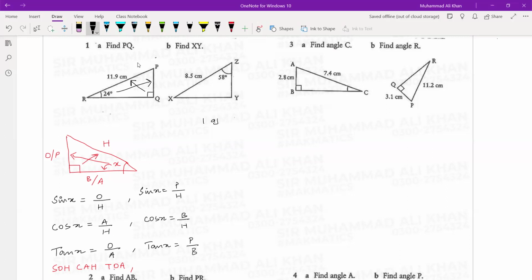So now it will be sine 24 equals to opposite is PQ and the hypotenuse is 11.9. So the PQ side is 11.9 sine 24. Now you have to calculate the value of PQ. Calculator must be in degrees. Calculate the side. What is the side?